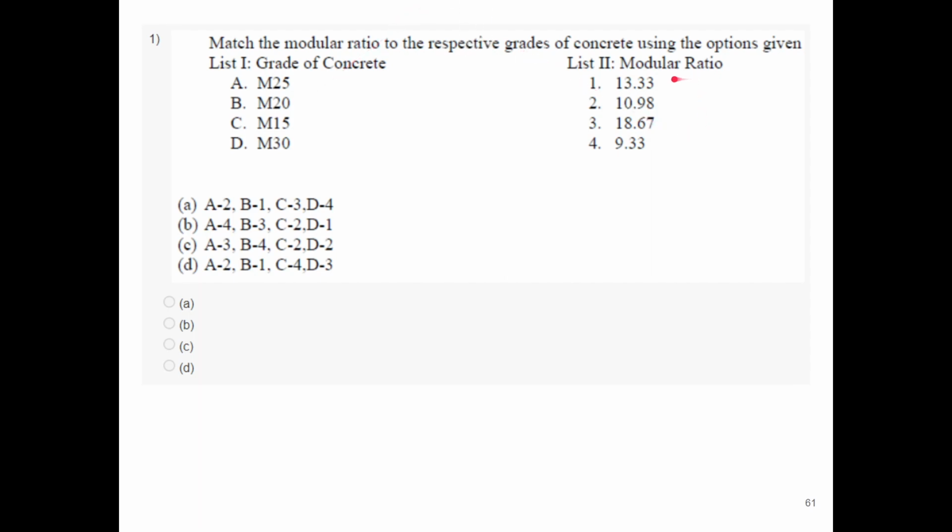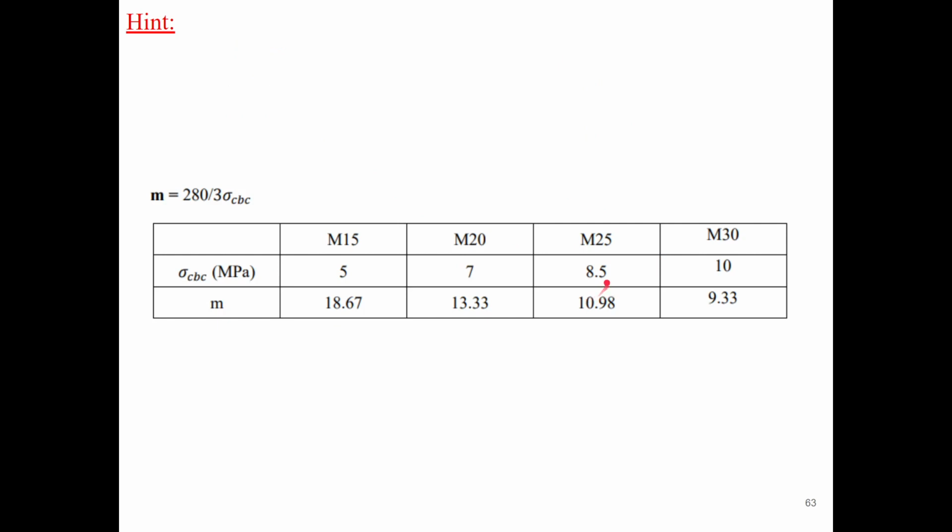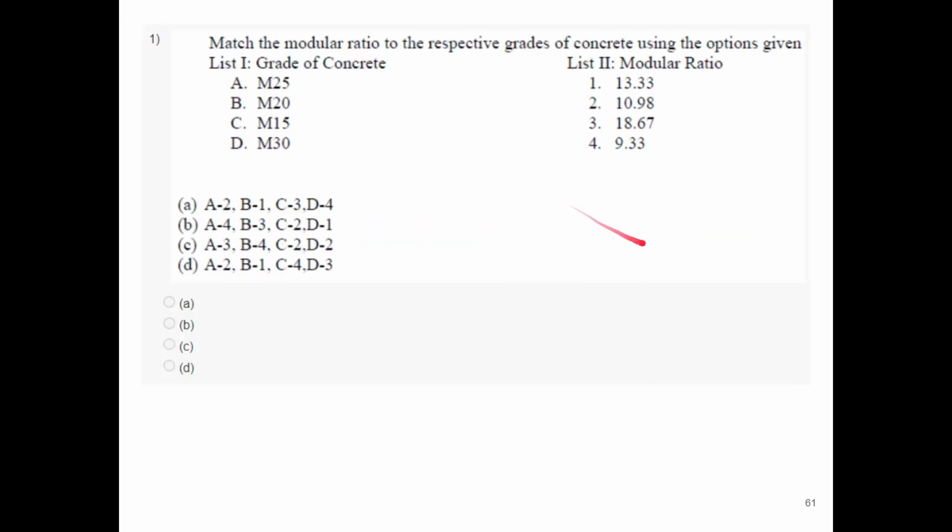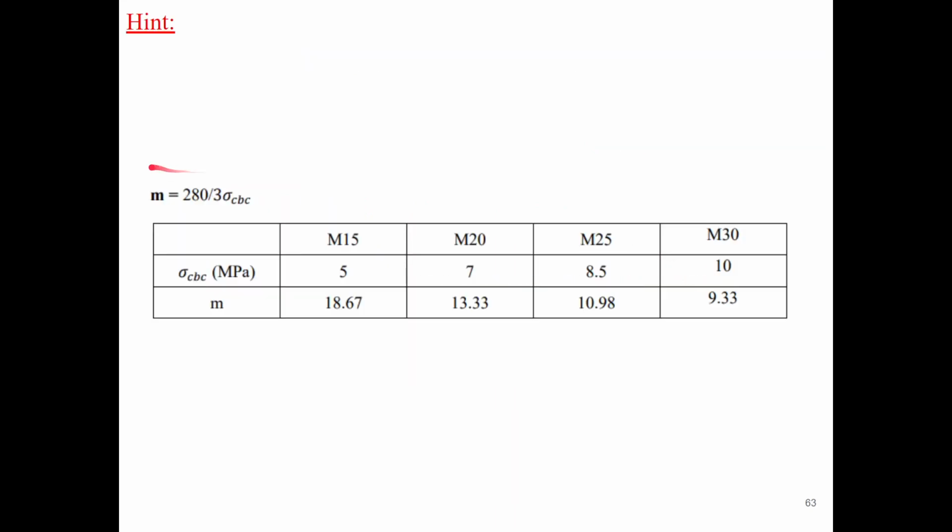If you remember, the modular ratio is m equal to 280 by 3 sigma cbc. For M15, sigma cbc is 5. For M20 it is 7, for M25 it is 8.5, and for M30 it is 10. Using the equation 280 by 3 sigma cbc, you will find that m is 18.67, 13.33, 10.98, and 9.33.